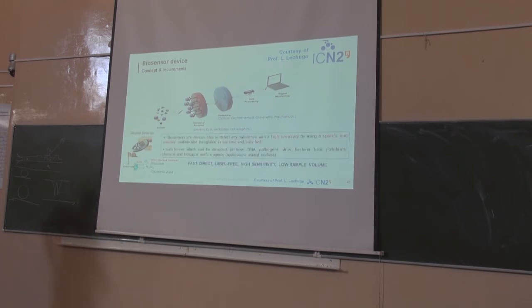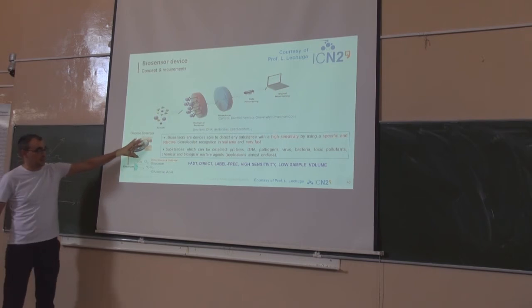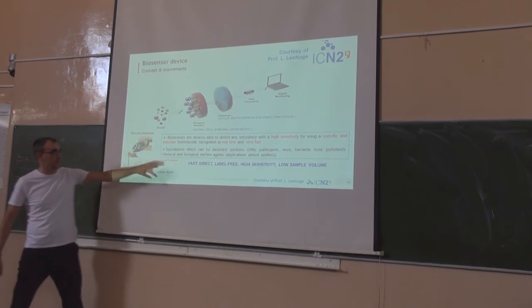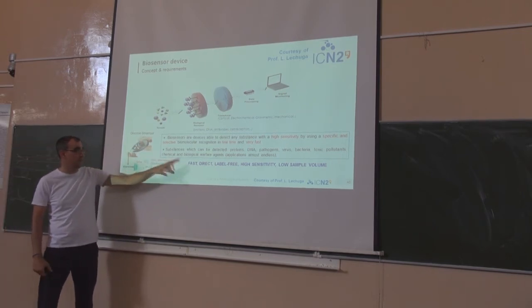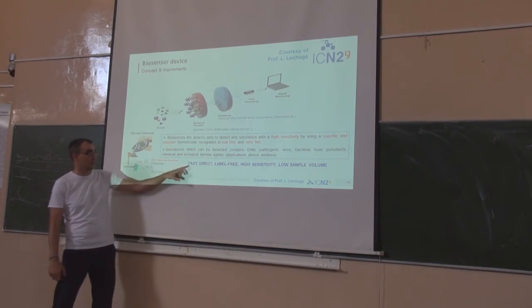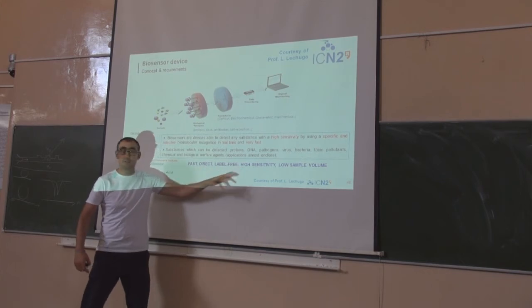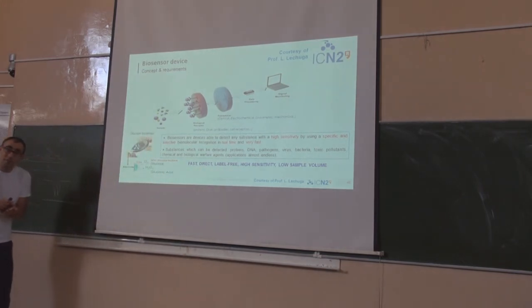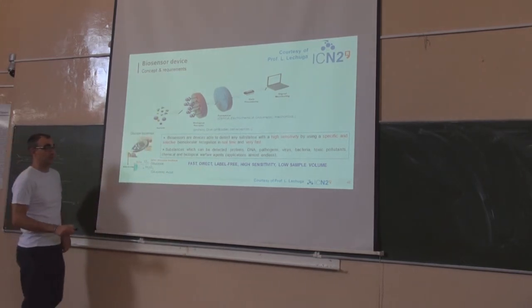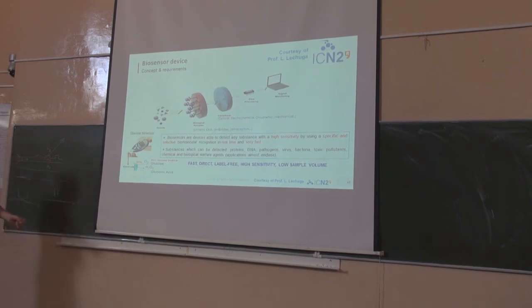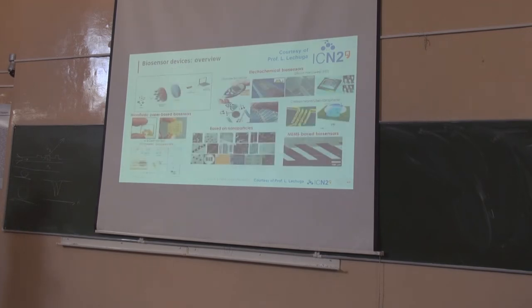But what we have realized is that we need, in most cases, in more cases than the glucose case, fast, direct, label-free, high sensitivity, meaning a very low limit of detection, without having to get 1 liter of your blood, with minimal substances. So those are generic requirements.